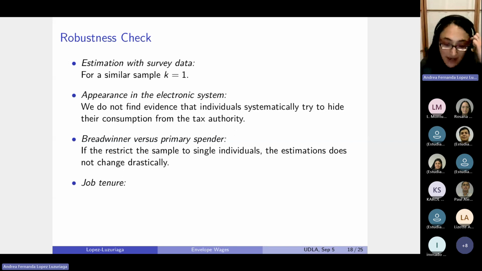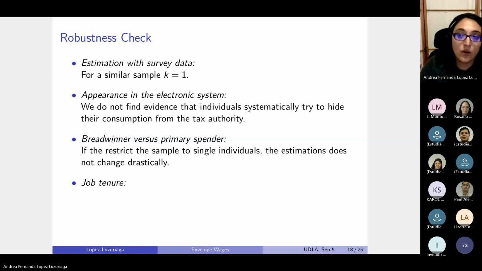Then we have this idea that in the public sector, you can have lower wages, but people tend to take these jobs because it's less likely for you to be fired. If you already had a tenure in the public sector, it's less likely for you to be fired.